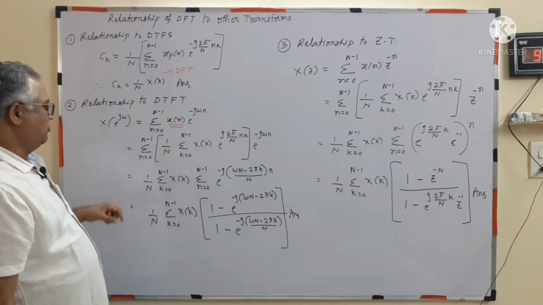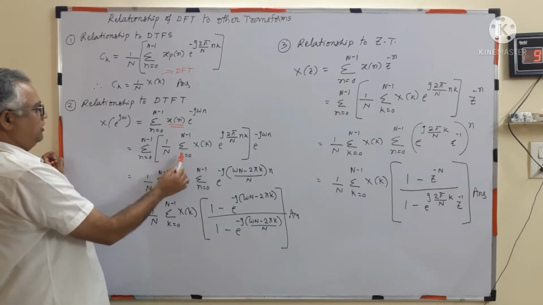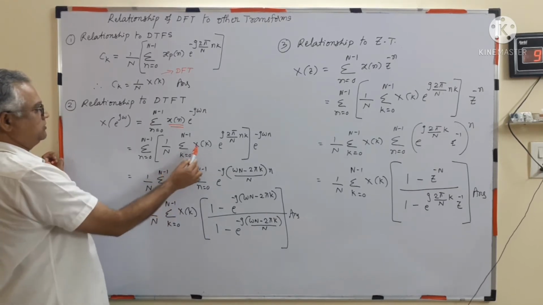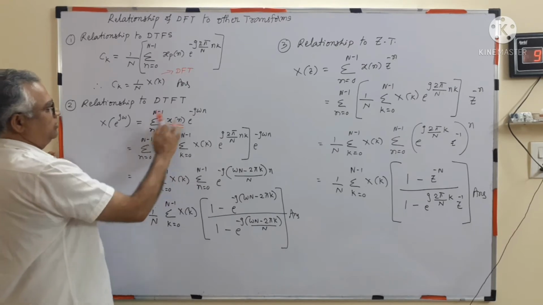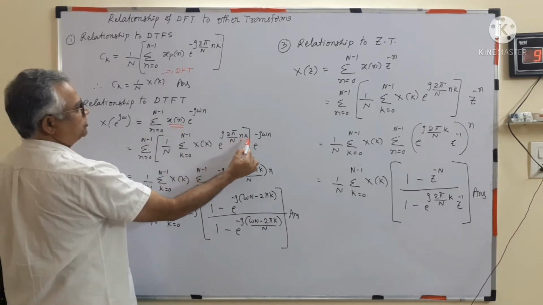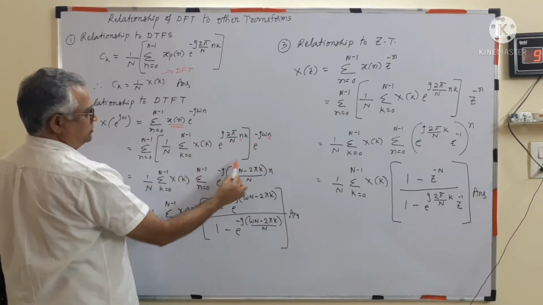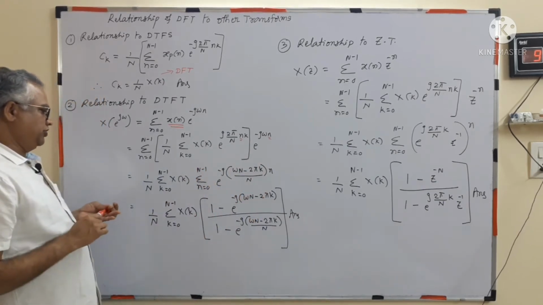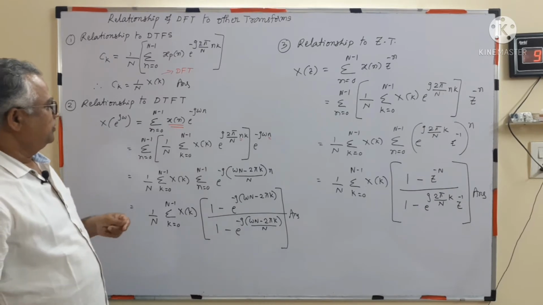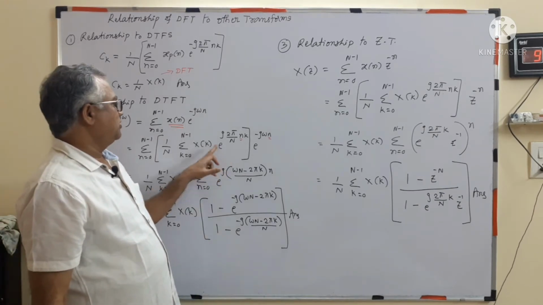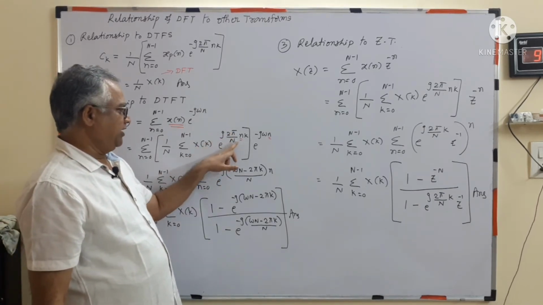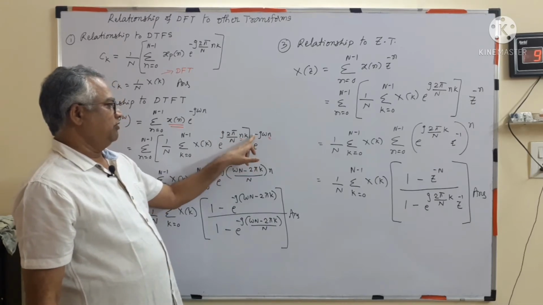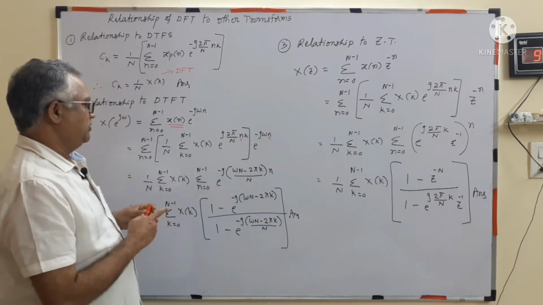Then change the order of summation: 1 by N, sum over k equal to 0 to N minus 1 of X of k, and the remaining function of n. So combine these two exponentials: e power j 2 pi by N nk and e power minus j omega n.